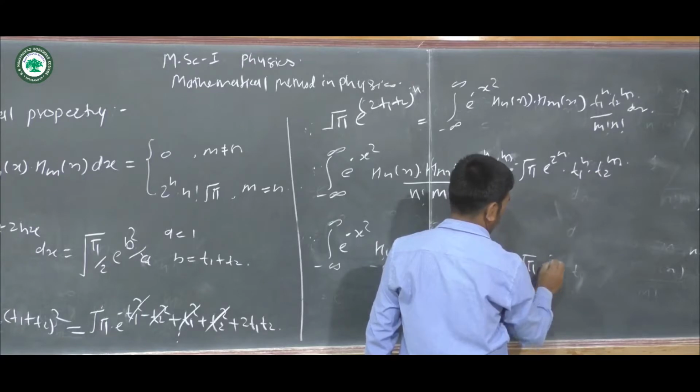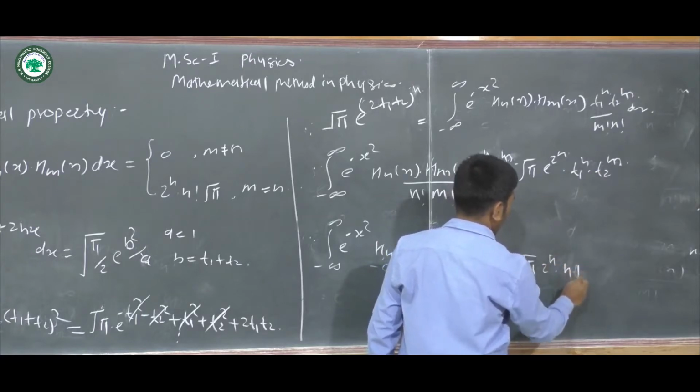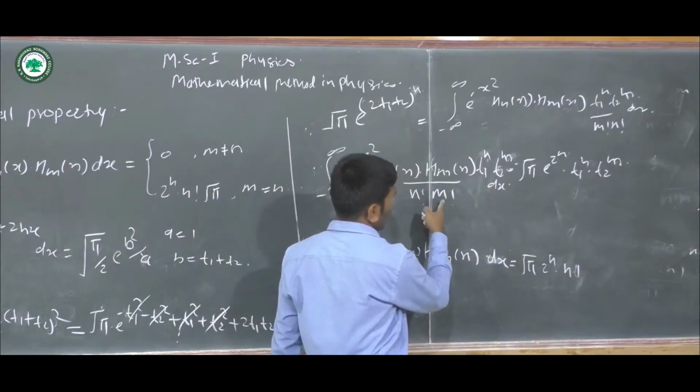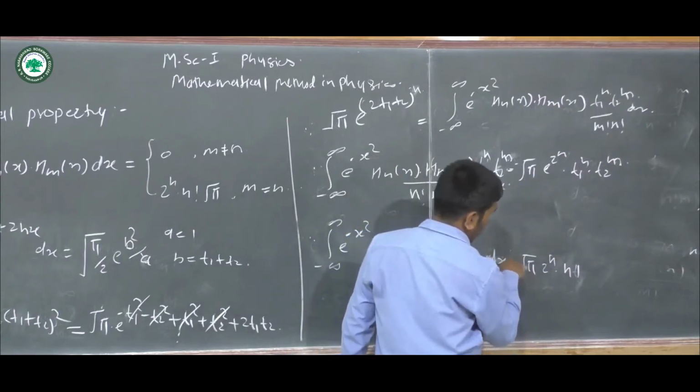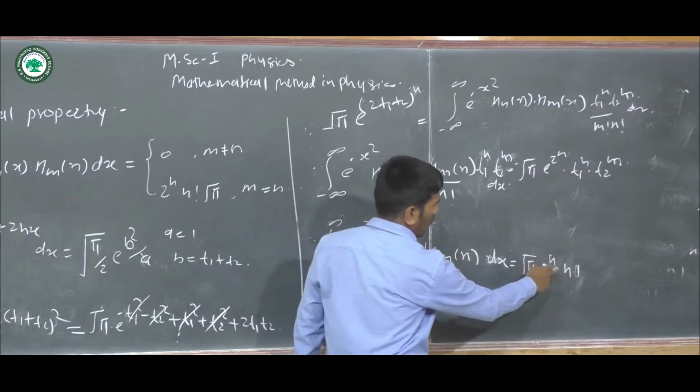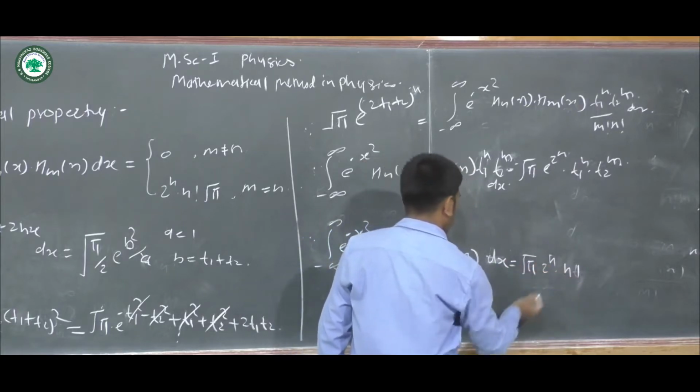So if we compare the coefficients, 2 power n by n factorial, because this n factorial and n factorial we can take here, so the relation we get is like this: under root pi into 2 power n into n factorial.